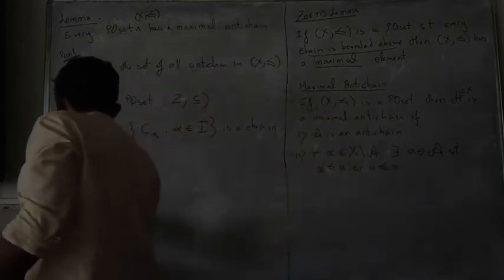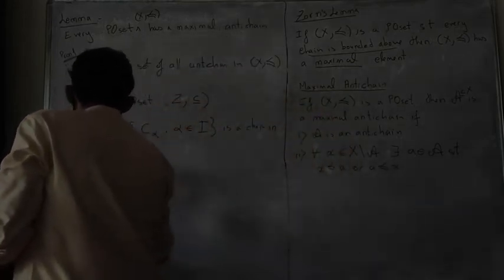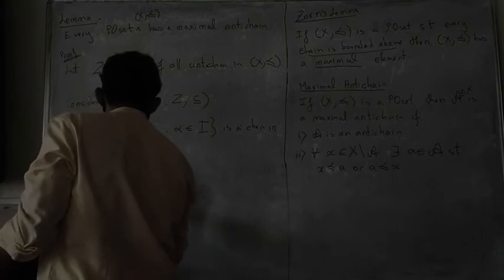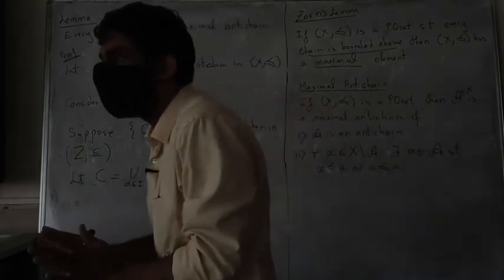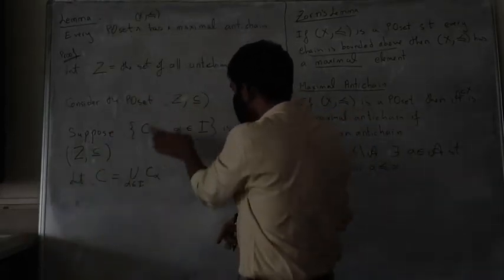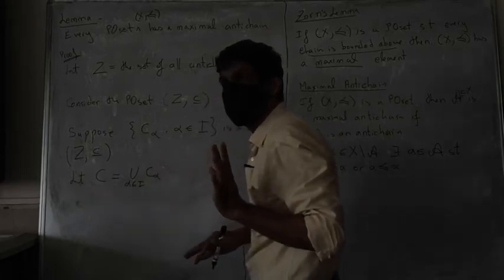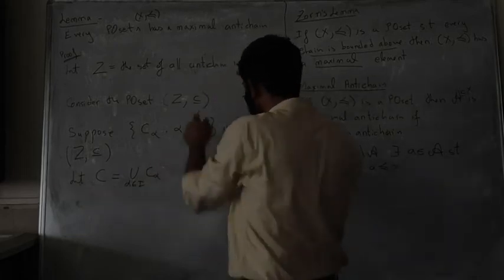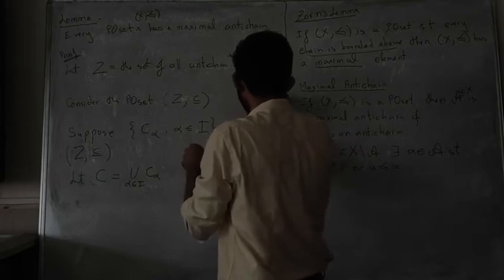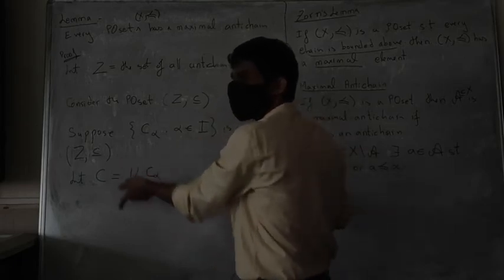So let C be equal to the union over alpha in I of C alpha. Okay, so one thing we definitely know is that with this order, C alpha is always less than or equal to C, right? C alpha is always contained in C, right? C is the union of all of these.